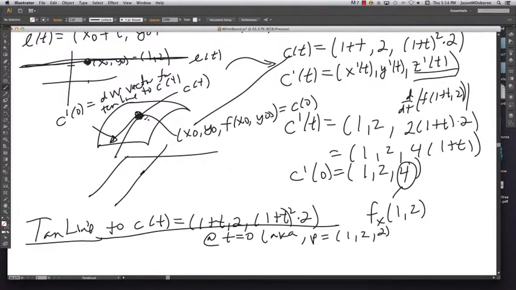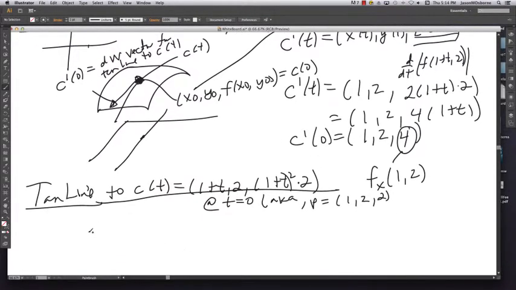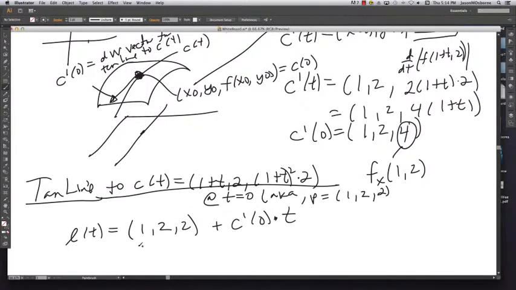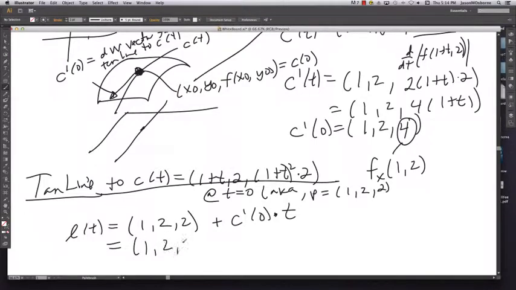At this point, we've got a tangent line. The way you compute that, it is an L of t. It goes through the point 1, 2, comma 2. The direction vector is c prime of 0 times t. C prime of 0, we decided was 1, comma 2, comma 4 times t.